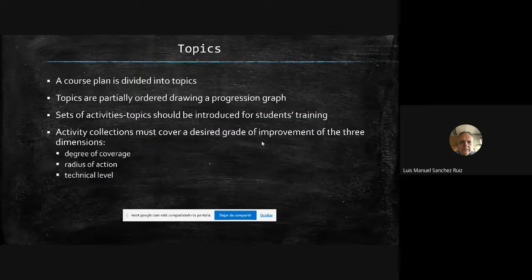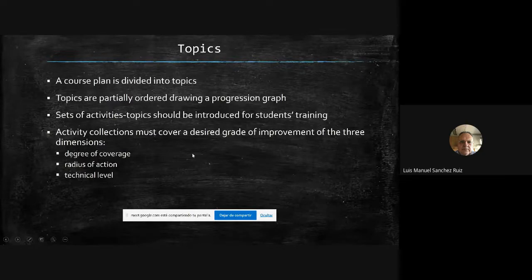So in order to develop these ideas, what we had in mind is that usually we are lecturing topics of calculus, line integrals, surface integrals, and whatever. So usually these topics are partially ordered. So there is a progression. And so the set of activities should be introduced, obviously, for the students' training.